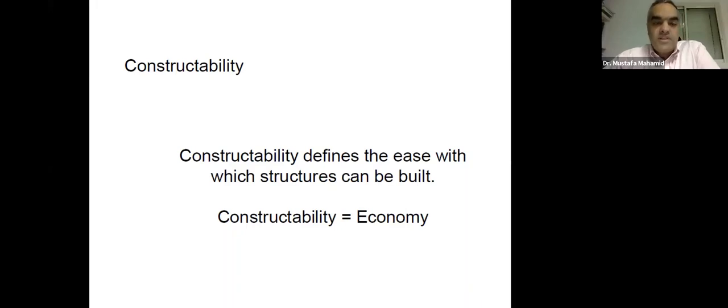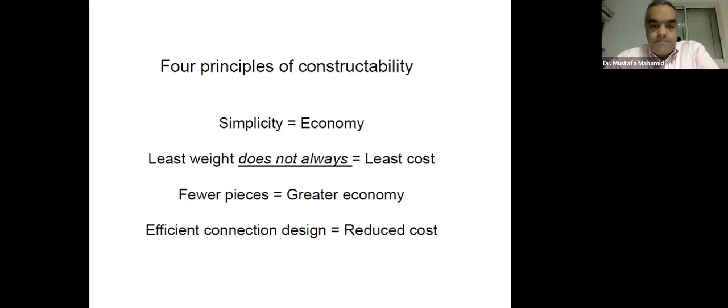Considering constructability, when you design the connection, you put the members together with a connection. So try to make it as simple as possible. Constructability equals economy. The simpler the connection, the less material you use, so the cheaper it is, and the less labor it takes. Again, simplicity is economy.